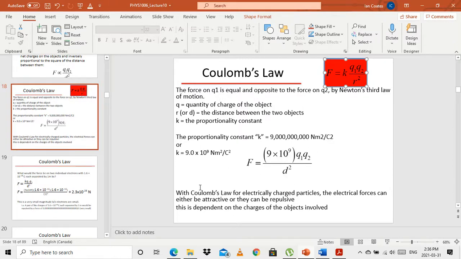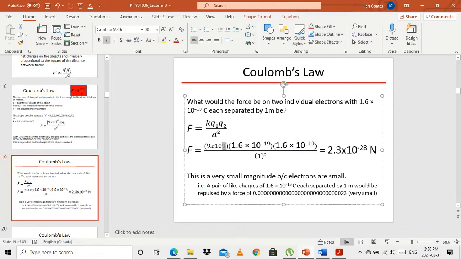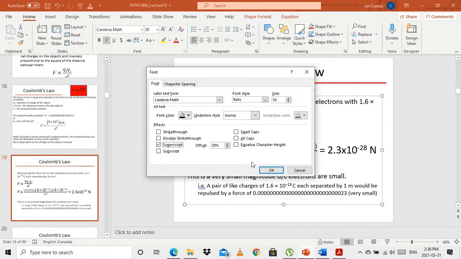That's all this is. An example of this: what would the force be on 2 individual electrons with 1.6 times 10 to the negative 19 coulombs, each separated by a meter? So, asking for the force. K is given. Sorry, that should be 10 to the 9.